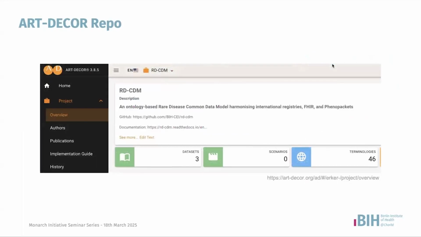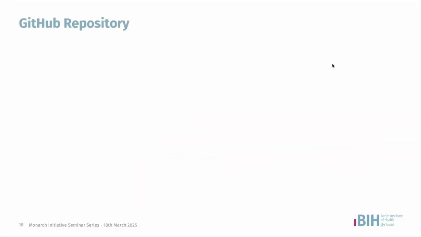Then we also created an ART-DECOR repository, which is an open source data modeling tool with which you can model data models, and also link its respective ontologies and terminologies.